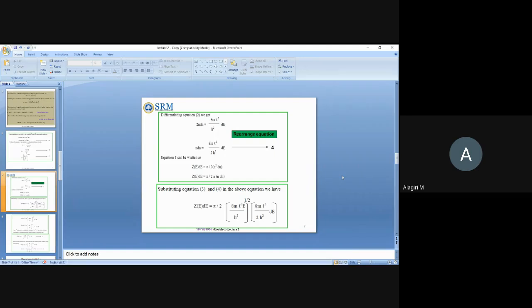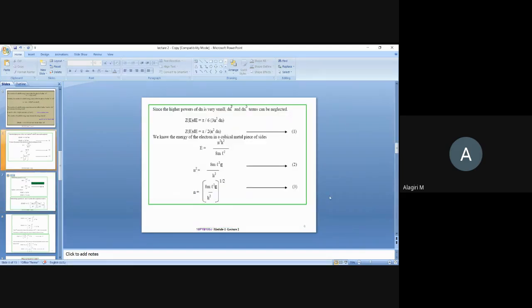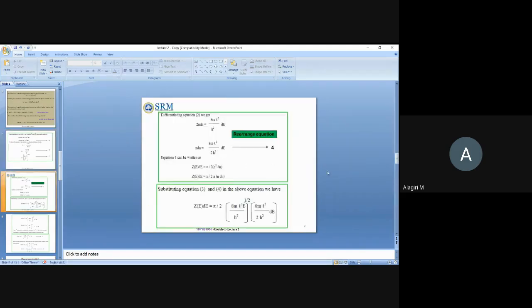After that, we would like to substitute equation number 3 and 4 in the above equation. Equation 3 is the value of n, and equation number 4 is the value of n into dn. Now, equation 3 and equation 4 will be substituted. That is Z(E) dE equal to pi by 2 into n dn.